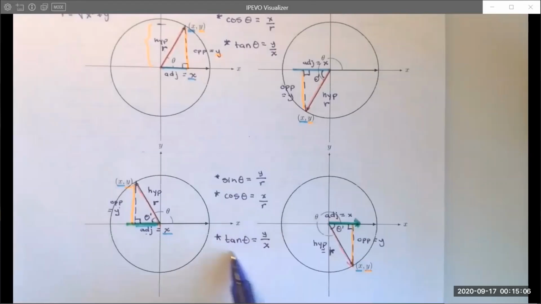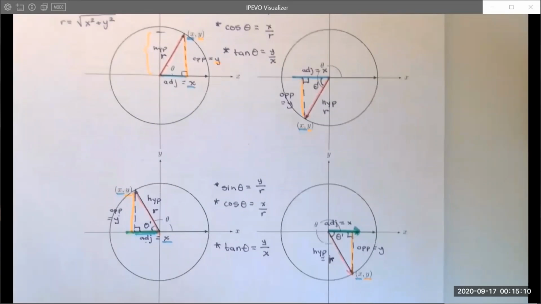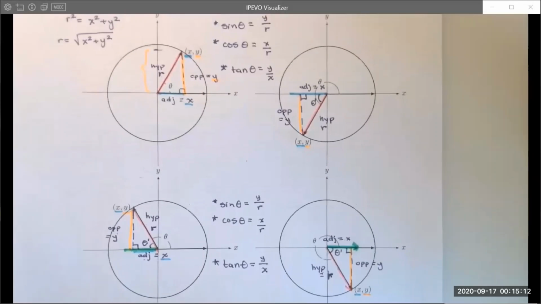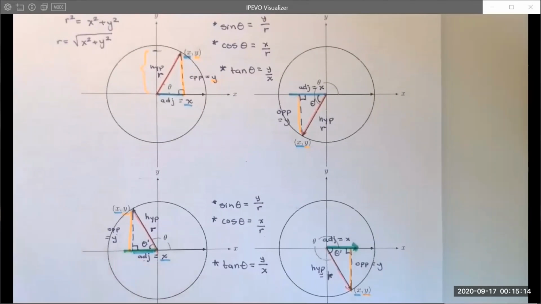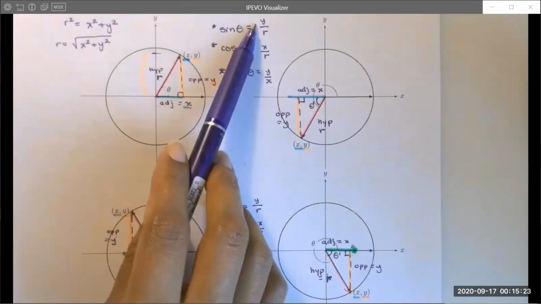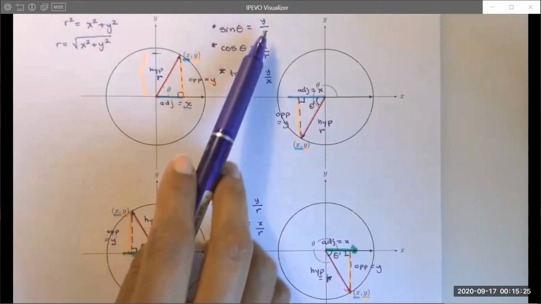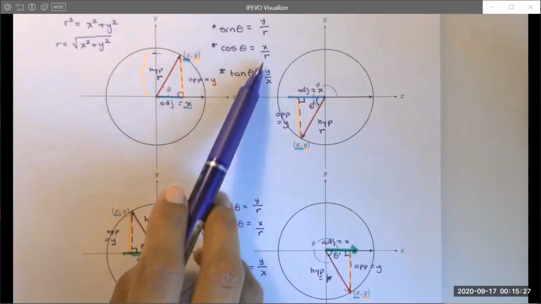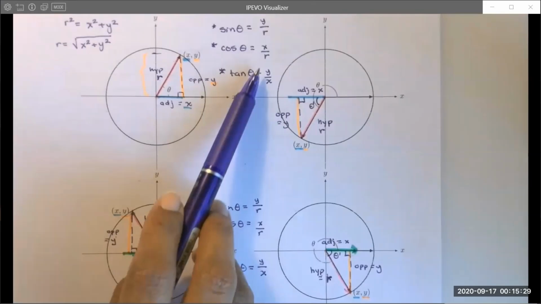So we still get the same thing. The moral of the story is regardless of which quadrant your angle terminates in, if you can find a point on the terminal side, the trig functions are going to be given by these 3 formulas. Sine is y over r, cosine is x over r, and tangent will be y over x.